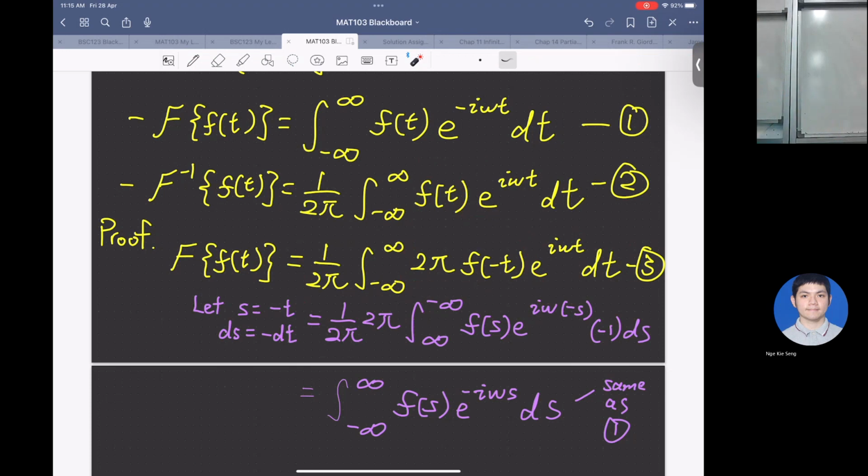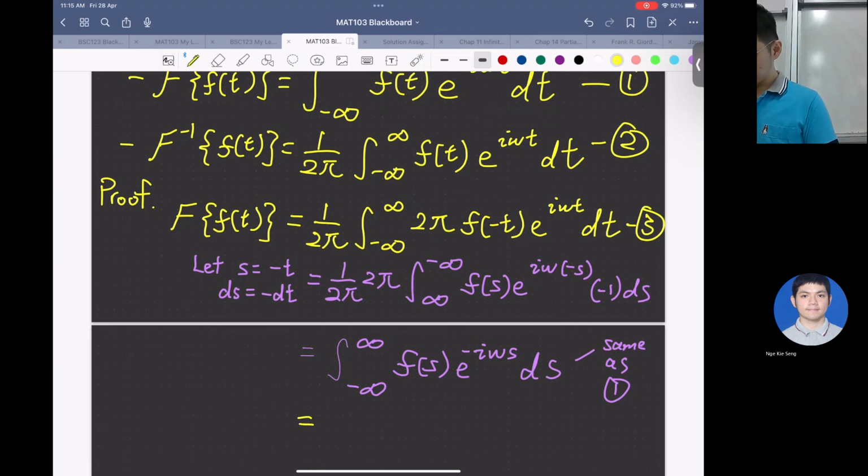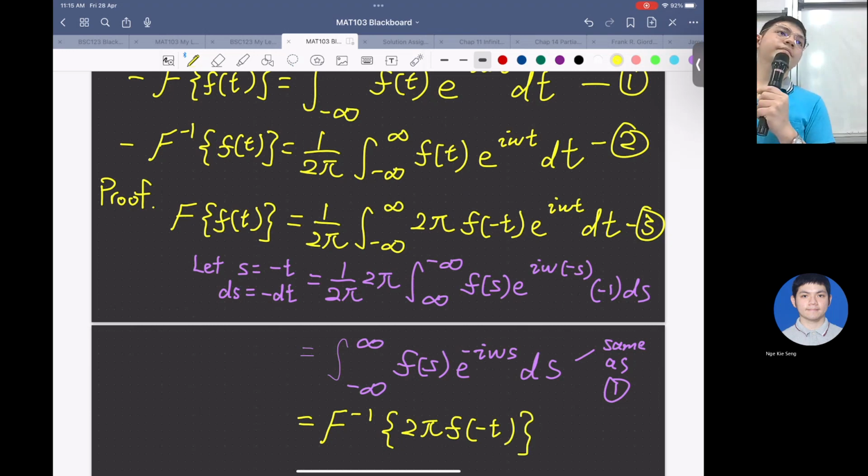So what you really get is it is equal to the inverse Fourier transform of another, different function, which is 2 pi of f minus t. Does everyone follow? This is from 2.